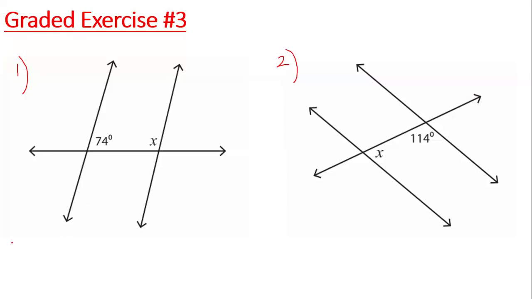It'll be x equals 180 degrees minus 74 degrees, which equals 106 degrees. So x is equal to 180 minus 74, which is equal to 106 degrees. Very good.